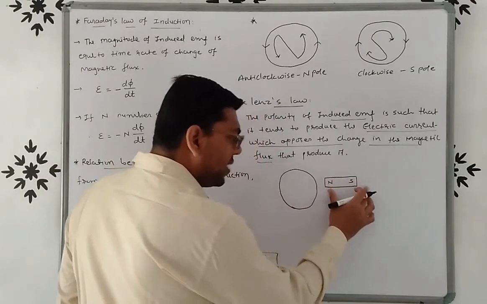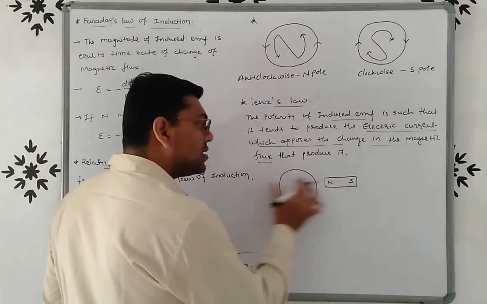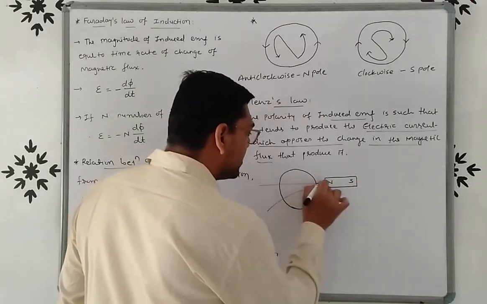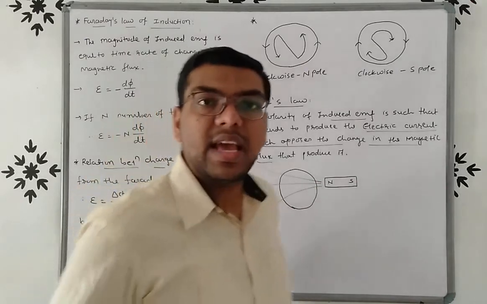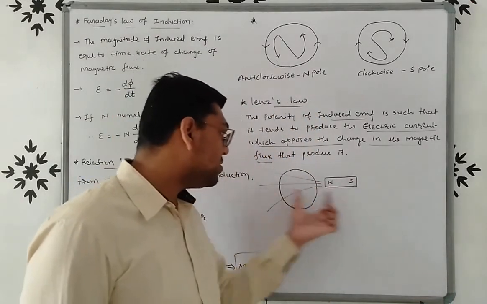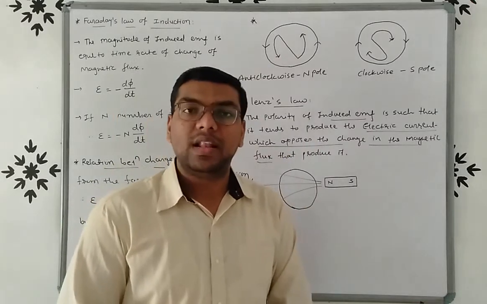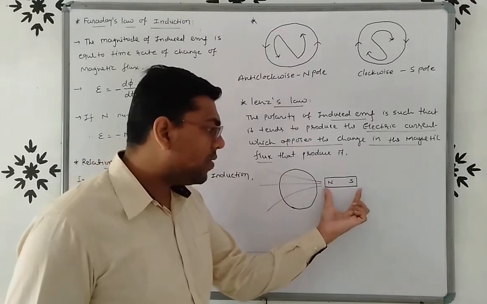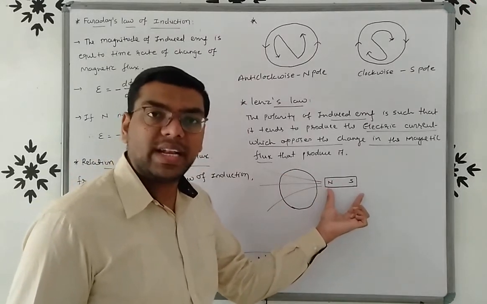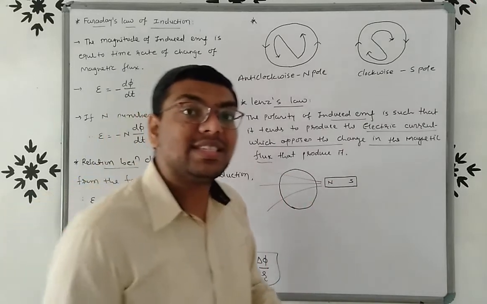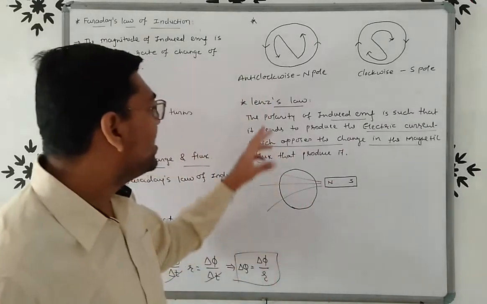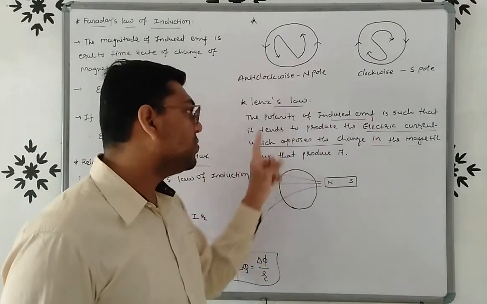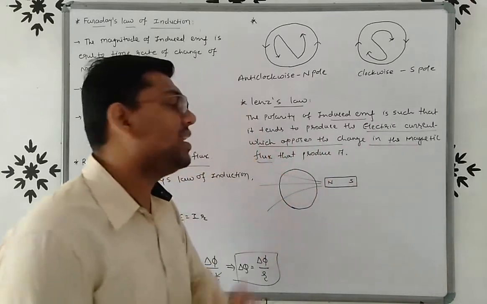When we bring this magnet towards the coil, the magnetic flux starts increasing as we move the magnet towards the coil. So there is a change in the flux. But as per the statement, the electric current produced opposes the change in magnetic flux.